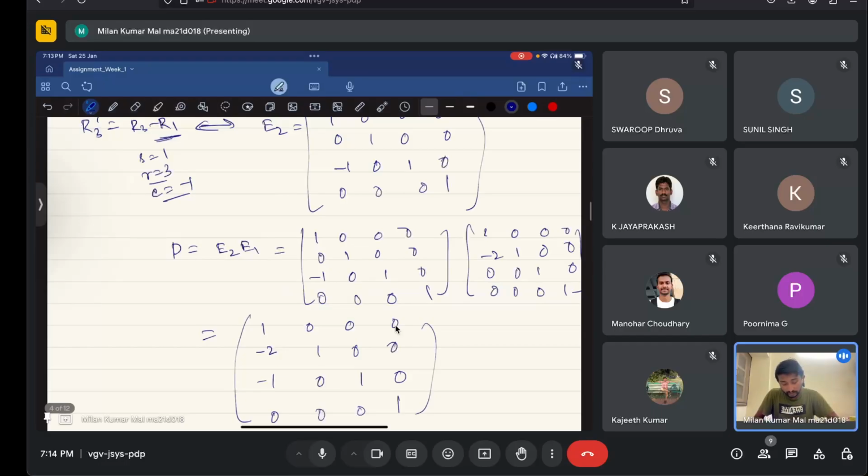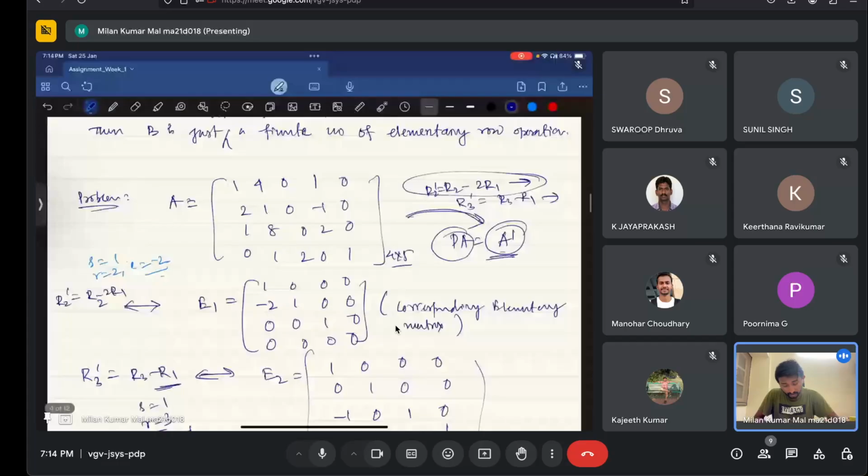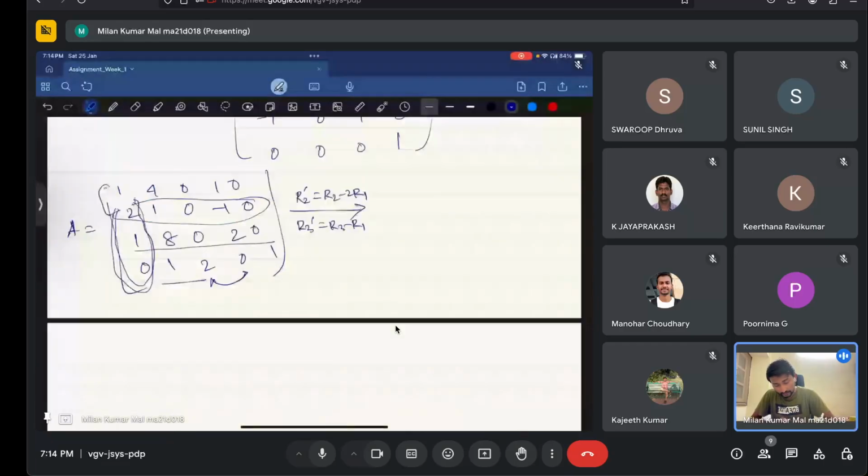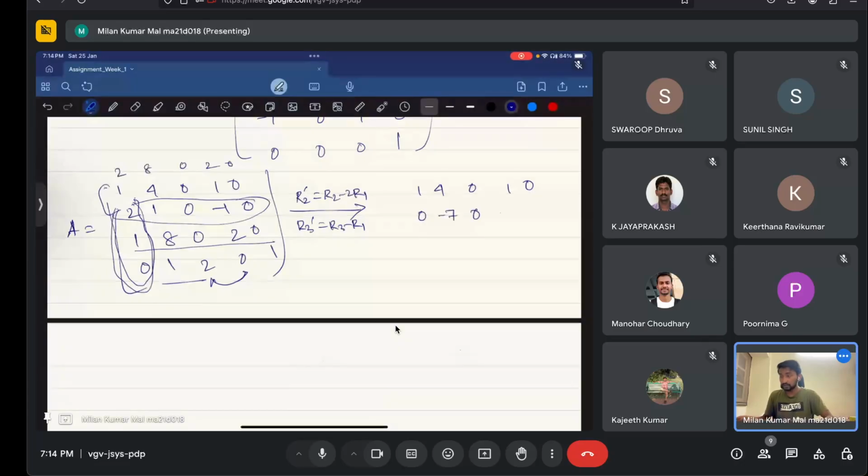So after doing this elementary operation, what do we get? This is not written, so we need to multiply again. So let's do it by hand. The first row is not changing, so let it be as it is. For the second row, we multiply by 2, that will be 2 8 0 2 0, and subtracting it, this will be 0 1 minus 4 minus 7 0 minus 1 minus 2, that will be minus 3 and 0.